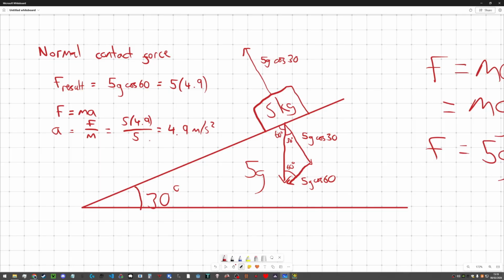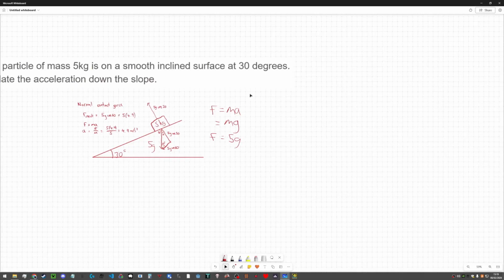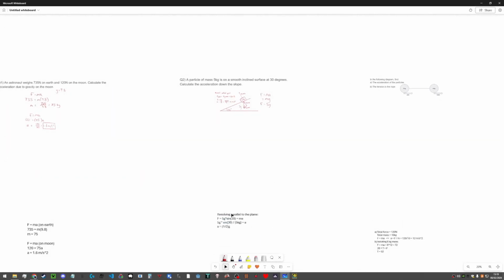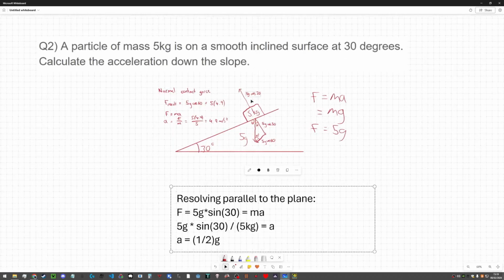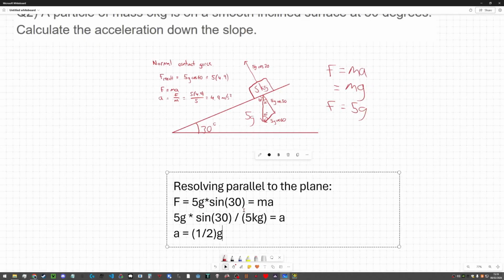These diagrams do tend to get a bit busy, but over time you learn to simplify it down and not have to write down as much. It takes a lot of practice. Comparing this to the answer from before, you indeed get a half of gravity, which is equal to 4.9.